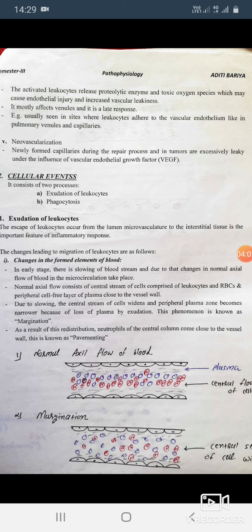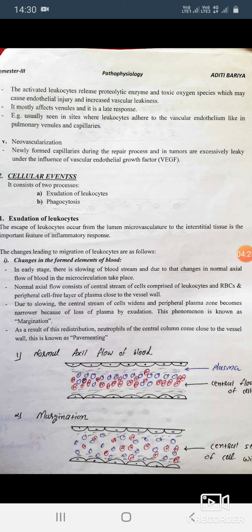And due to that, there is increased pressure, which increases the movement of fluid into the interstitial tissue, and then the flow becomes slow. So what happens with cells, WBCs, when there is a dilatation, when there is a movement of fluid, when there is a slowing of blood flow?